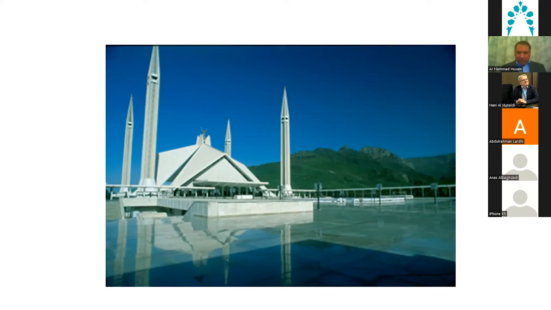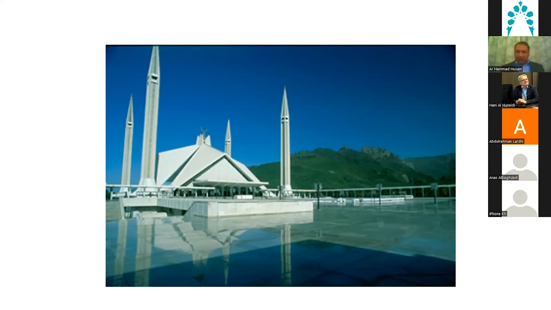Okay, so I want to make another connection of this mosque. Now, if we analyze mosques all over the Islamic world, there are different typologies. For example, in Southeast Asia, it's very difficult to see mosques with a dome, because the dome was basically a structural system to span large spaces.